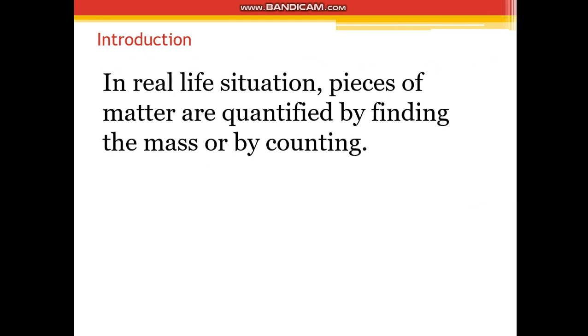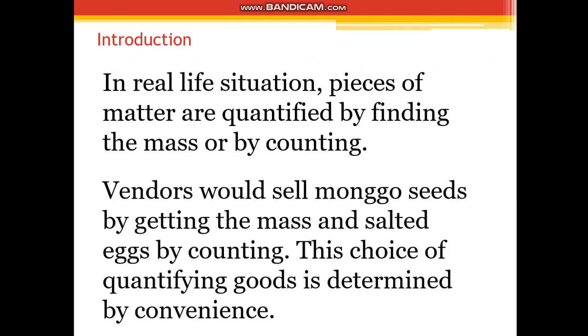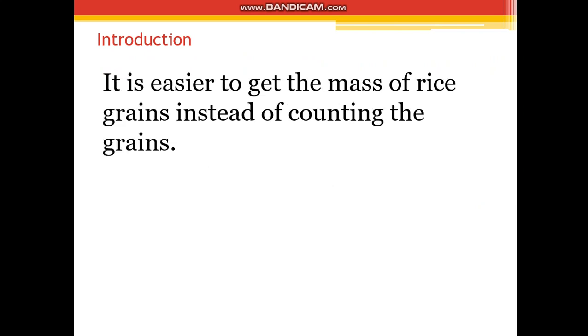So, as an introduction to our topic, in real-life situations, pieces of matter are quantified by finding the mass or by counting. Vendors would sell mango seeds by getting the mass and salted eggs by counting. This choice of quantifying goods is determined by convenience.